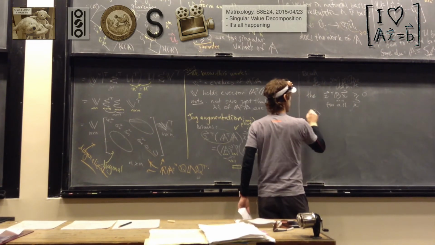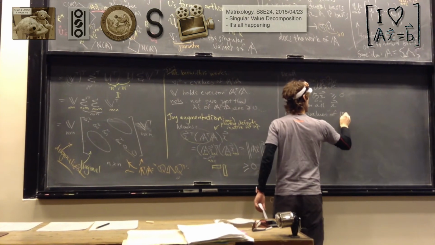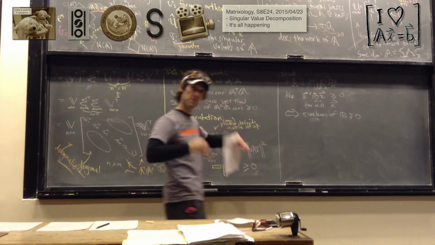And this corresponds with the E values of B being greater than or equal to 0. Those are the two things we joined together.